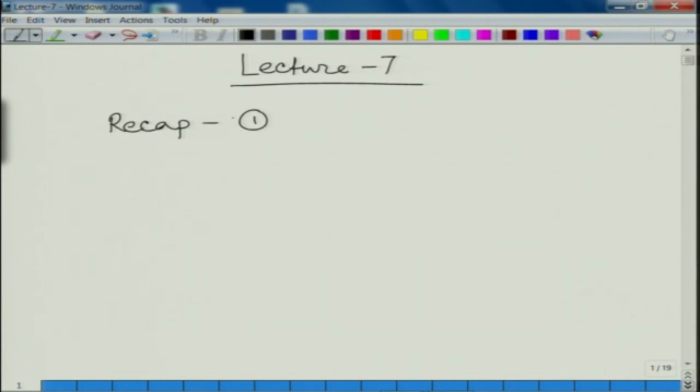So, the points that we have already covered in the first 6 lectures are the basic concepts related to sun and earth, and then the relationship between them.